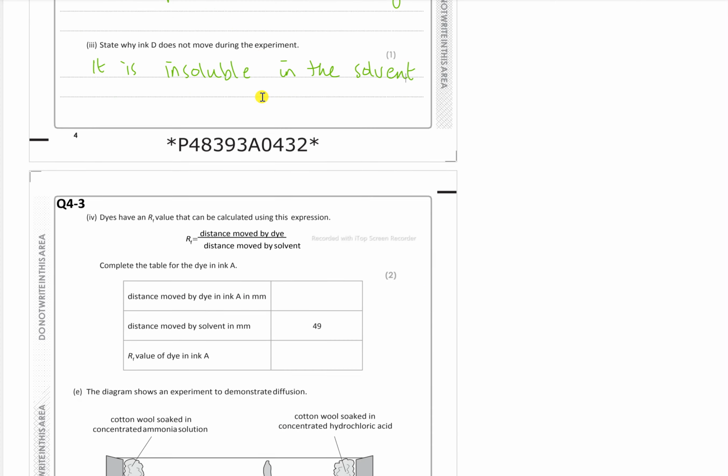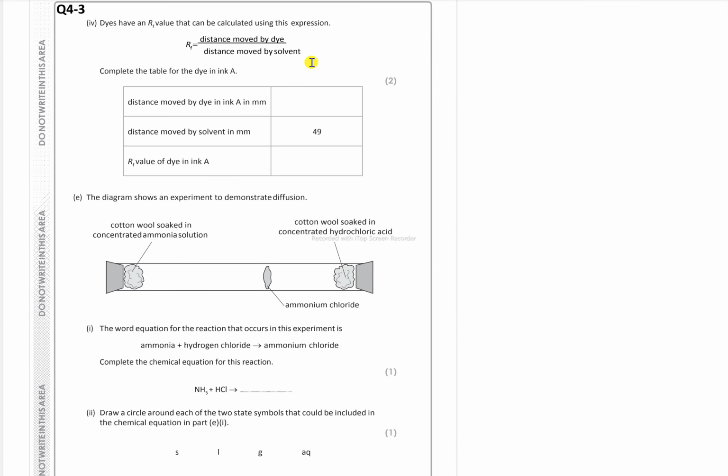Right, let's keep going. Retardation factor. Right, let's handle this then. The retardation factor is the distance moved by the dye divided by the distance moved by the solvent.